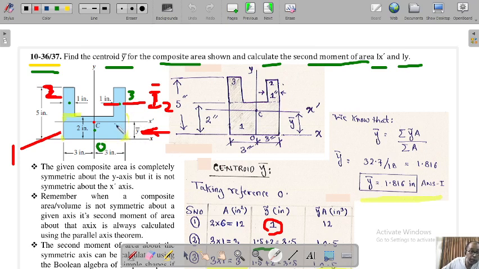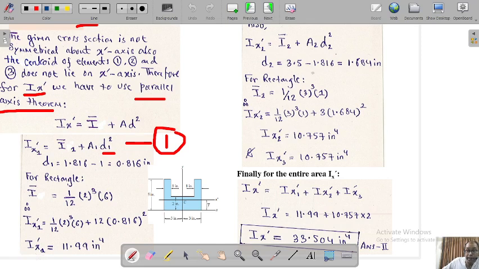We want the perpendicular distance along this axis from this point to this point. So it is 3.5 minus 1.816, which comes out to be 1.684 inch.